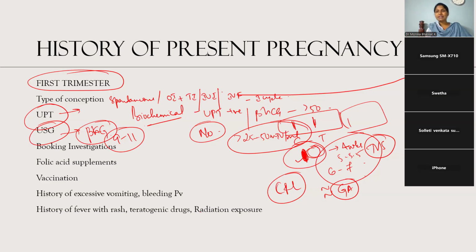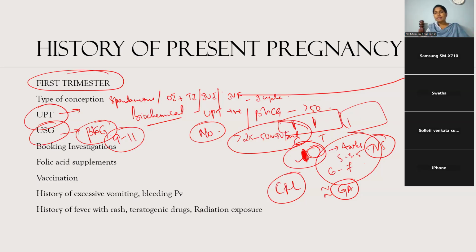So less than 9 weeks of gestation, it is more than 5 days. 9 weeks to 14 weeks, more than 7 days. 14 weeks to 16 weeks, again more than 7 days. 16 weeks to 22 weeks, more than 10 days. 22 to 28 weeks, more than 14 days. More than 28 weeks, more than 21 days.